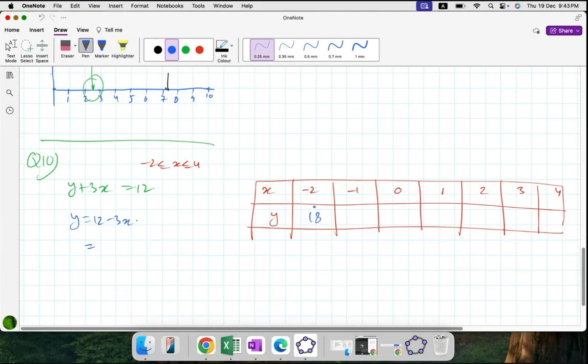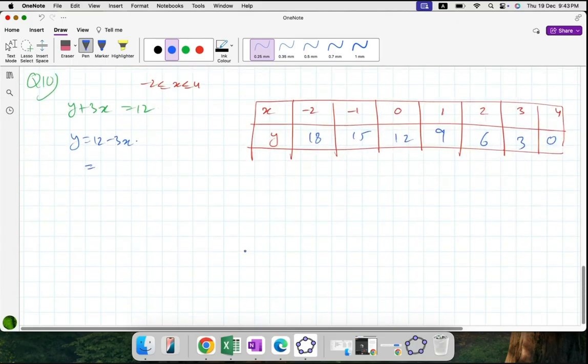I'm just punching these numbers in the calculator. So we have our table from minus 2 to 4.